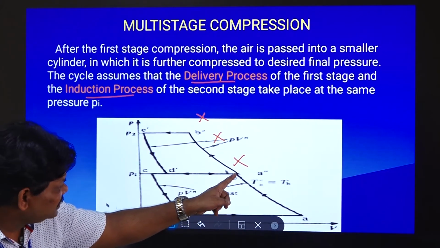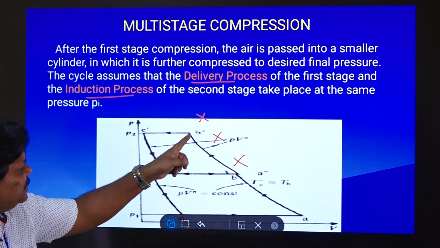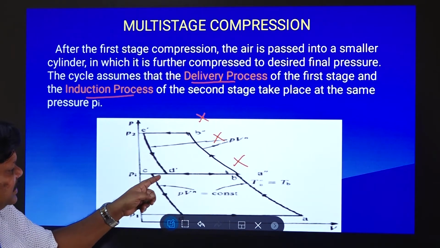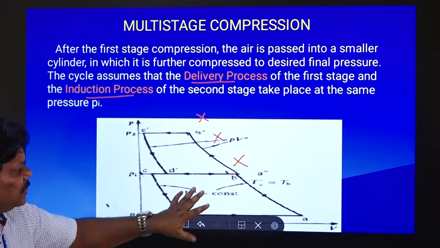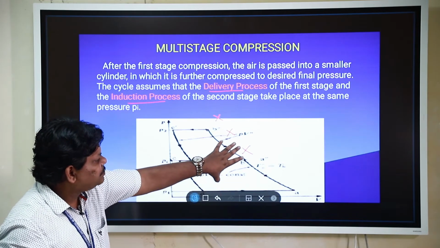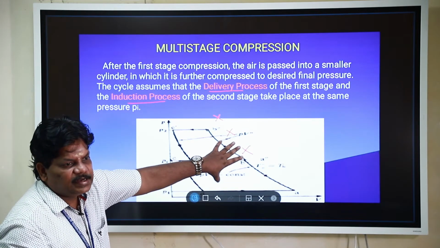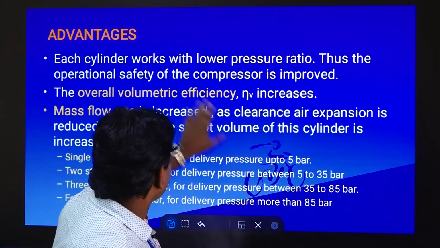You can see here A, B, then B to B dash, then C, then C to D dash. All the processes follow PV to the power n equal to constant, that is the polytropic process.